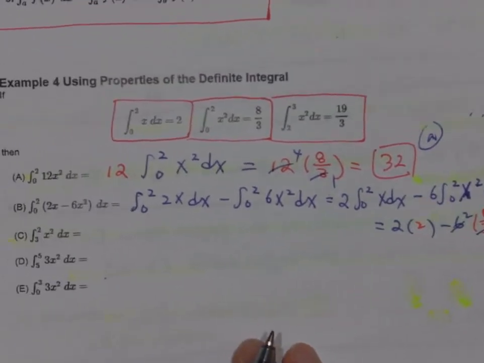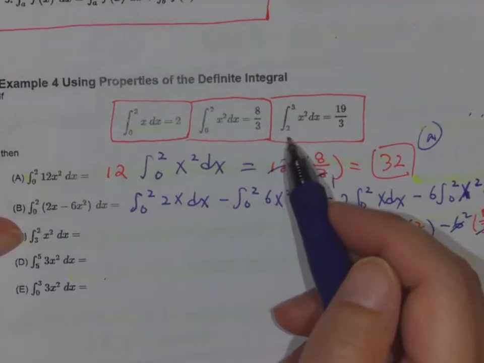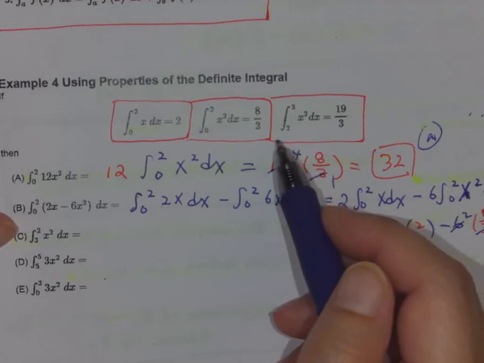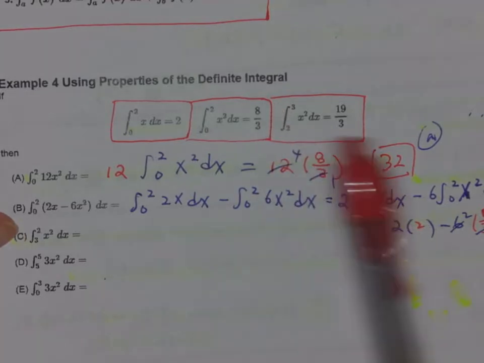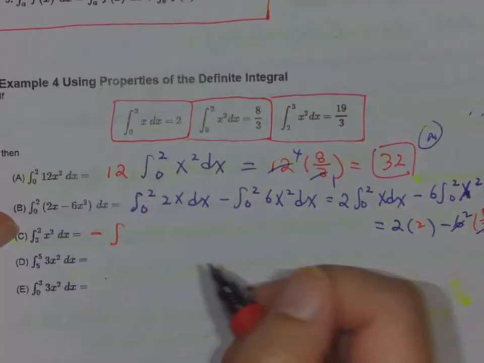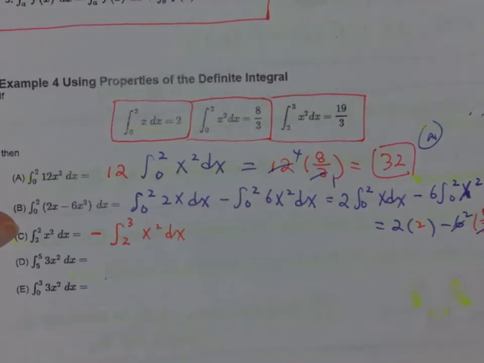Oh no, this is so tiny. Okay, this is from 3 to 2. So 3 to 2, I don't have 3 to 2. So I have to use one of those properties because I have 2 to 3, right? So I can make it negative and then change this to from 2 to 3, same guy, x squared dx, right? So that's one of the properties we talked about earlier.